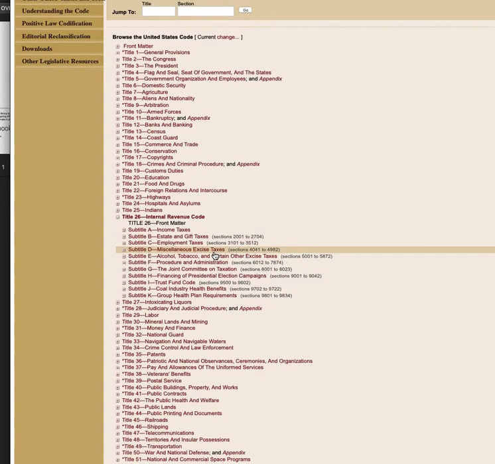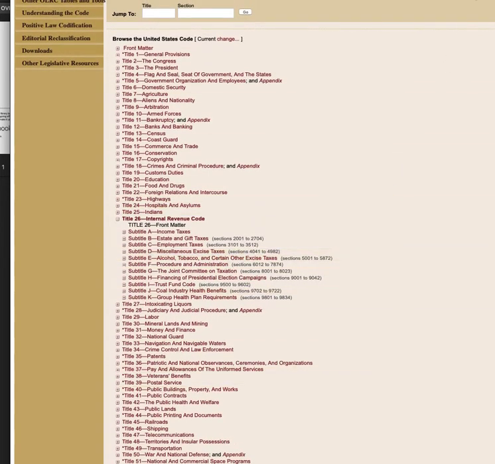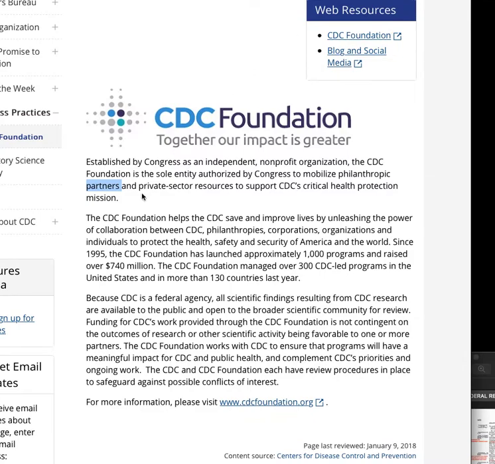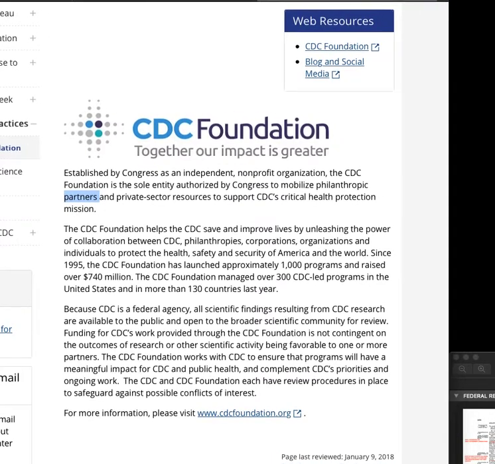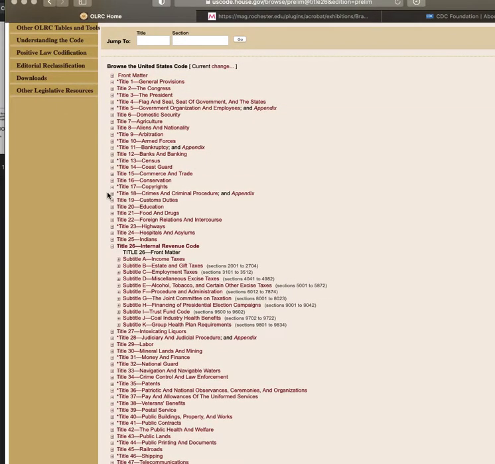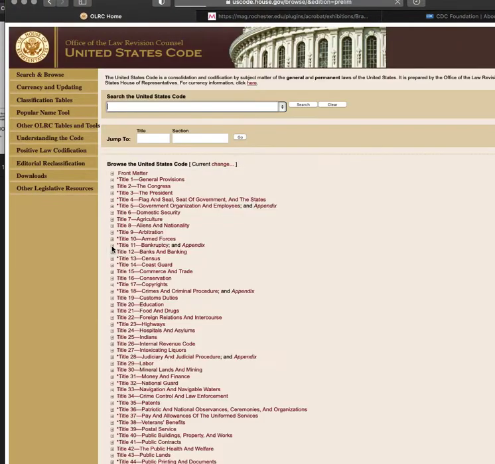It's like the CDC. It's a foundation, an organization, a business, whether it's profit or nonprofit, I don't know, because I can't get a copy of their charter. But it's the same thing. It's the exact same thing. That's all it is. It's a business.